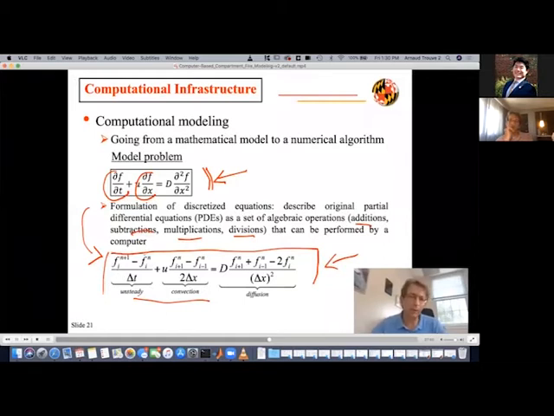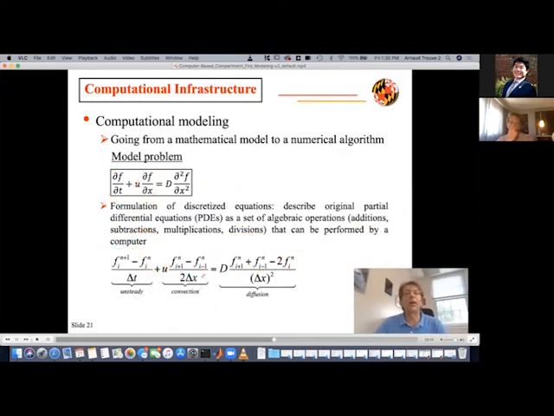If you look more carefully, you can see that this equation provides an evaluation of the value of f at location x_i and time t_(n+1) as a function of the value of f at location x_i, or nearby locations, at the previous time step t_n. So this provides a recurrent algorithm to evolve the solution from time t_n to the next time t_(n+1). This is a workable algorithm on a computer, and it provides a nice description of the physics and evolution of f due to convection and diffusion.